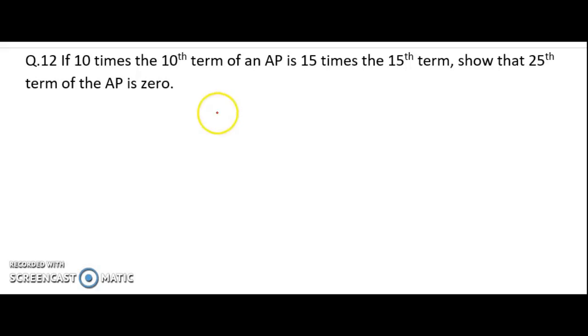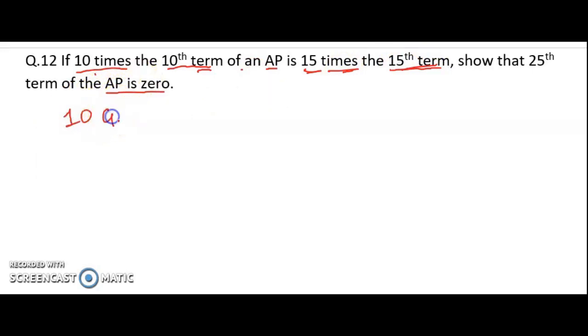Question number 12. If 10 times the 10th term of an AP is equal to 15 times the 15th term, prove that the 25th term of the AP is 0. Read it again: 10 times the 10th term of an AP is equal to 15 times the 15th term.